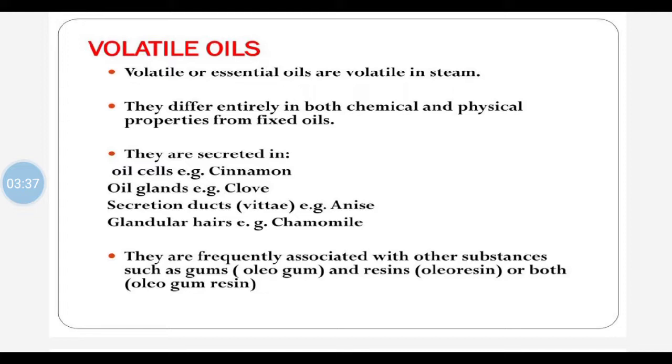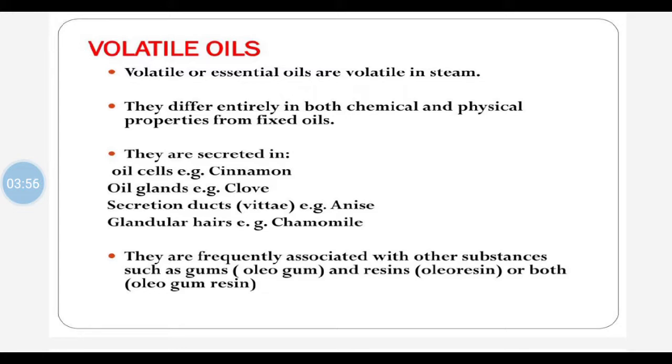They are fixed oils. Then they are present in different cell structures. For example, oil cells, cinnamon bark, dalchini, isn't it? So in oil cells, in parenchyma cells, the oil is present.